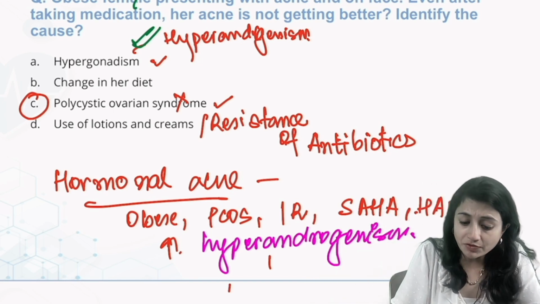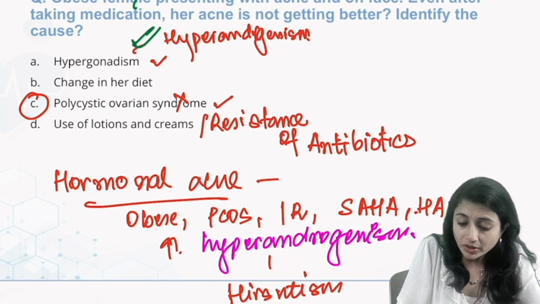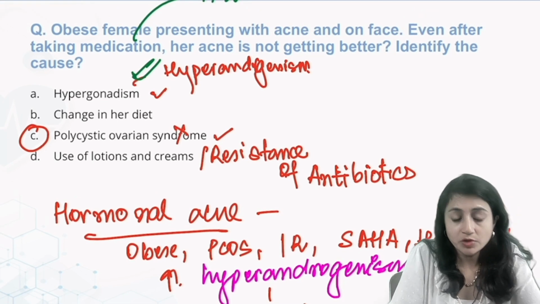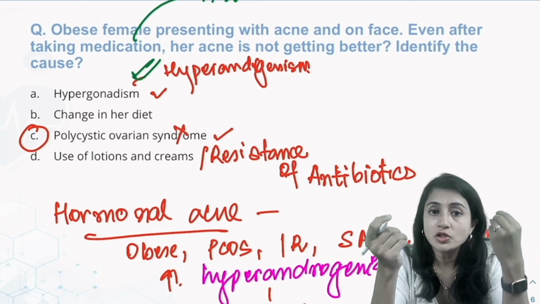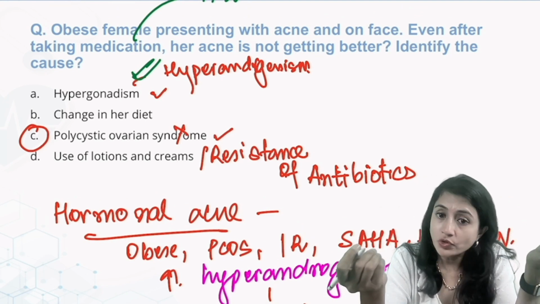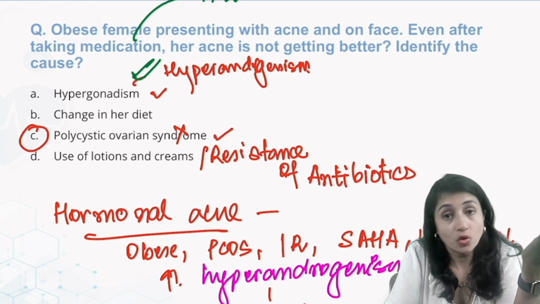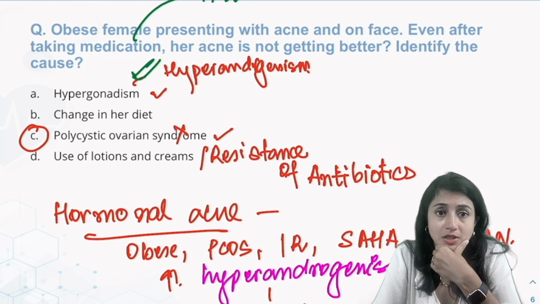There can be signs like hirsutism, FPHL, seborrhea, all of these can be present. So there is an obese female who's not responding, so probably she has hormonal acne, and as I told you, hormonal acne is because of hyperandrogenism. Few students told me that the option hyperandrogenism was there, and so that should be marked as the answer.